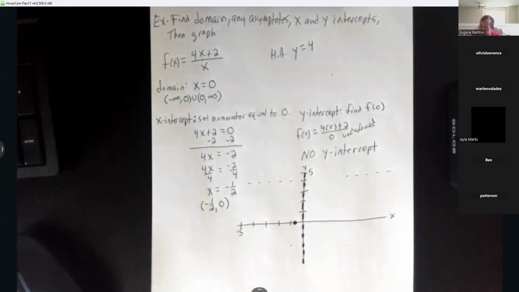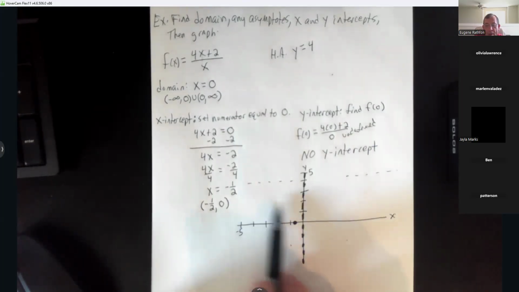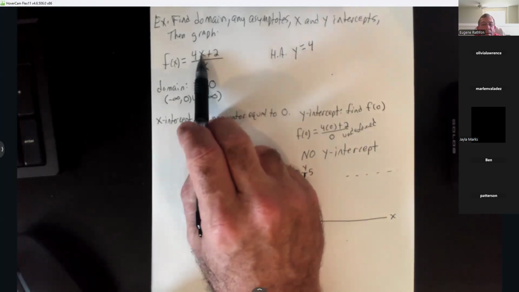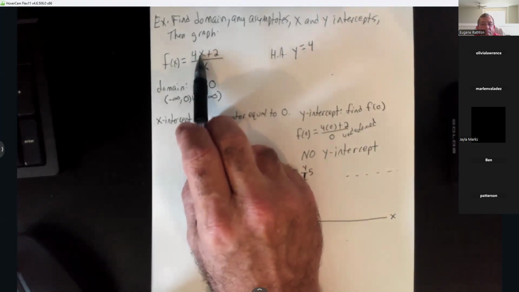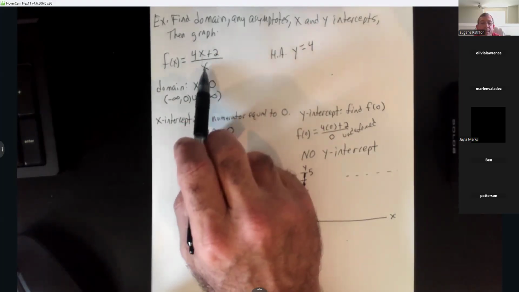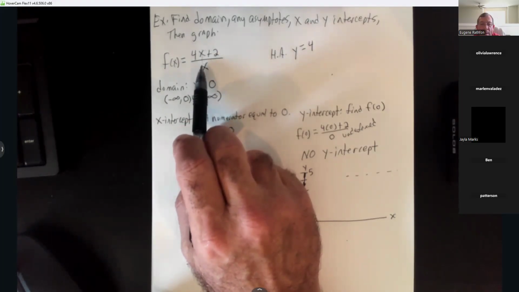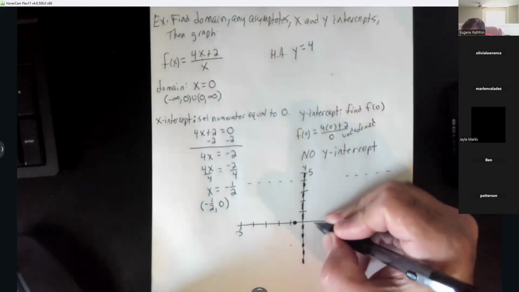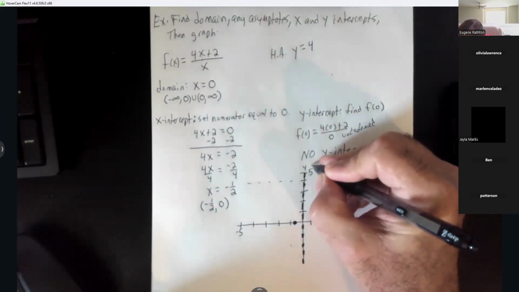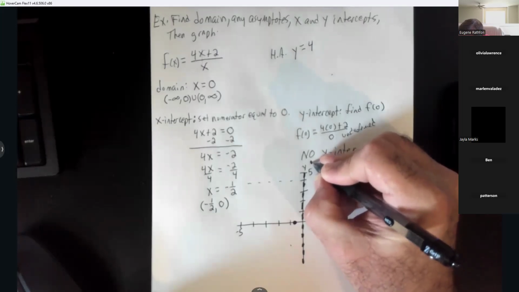So we might need to plot a point or two to see which direction this graph is going. So if I put a 1 in here, 4 times 1 is 4, plus 2 is 6, 6 over 1 is 6. So when x is 1, right here's 1, my y value is up here at 6.